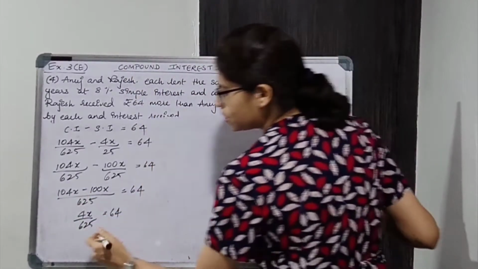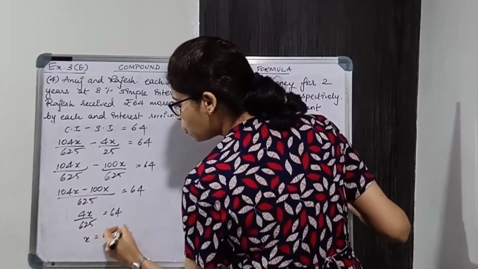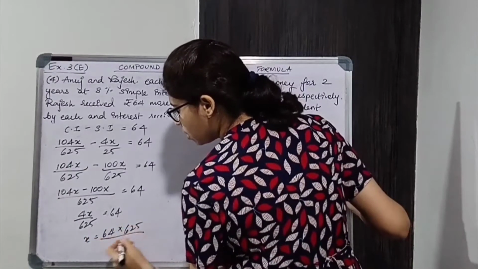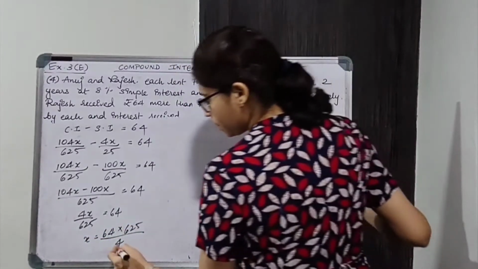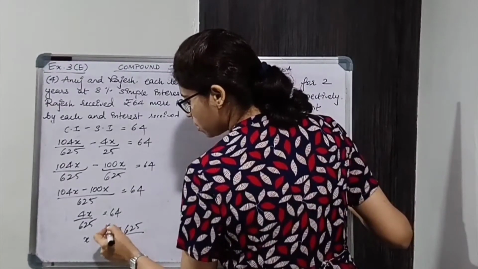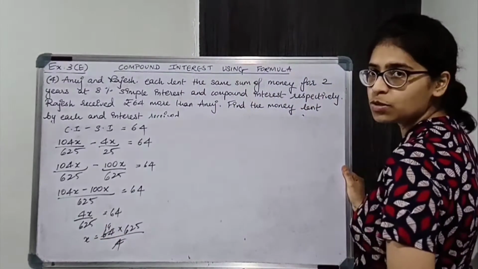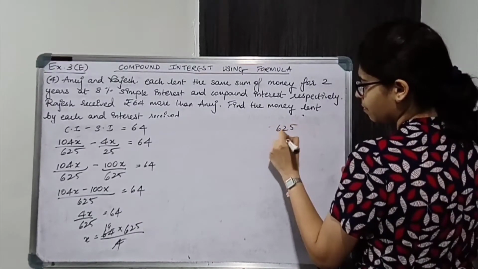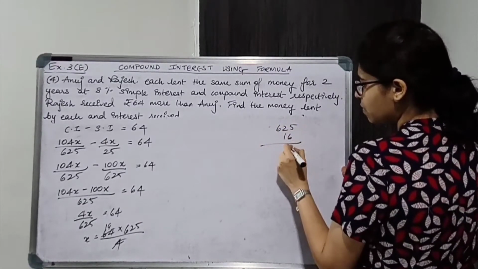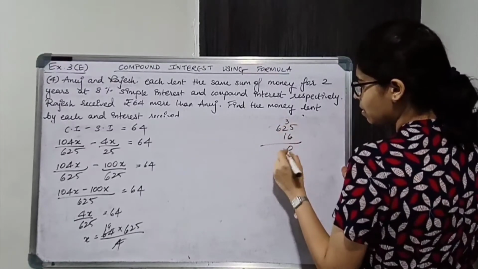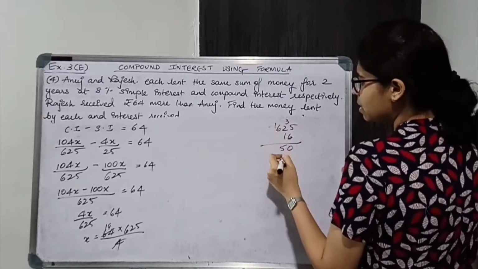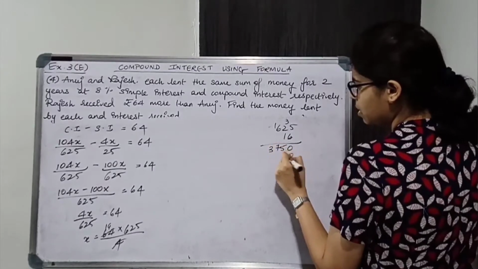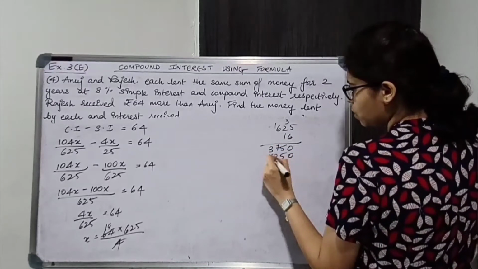Shifting the numbers to the other side, 64 into 625 upon 4. So 4 16s are 64, so 16 into 625. So 6 5s are 30, 6 2s are 12 plus 3 is 15, 6 6s are 36, 37, and then 0.